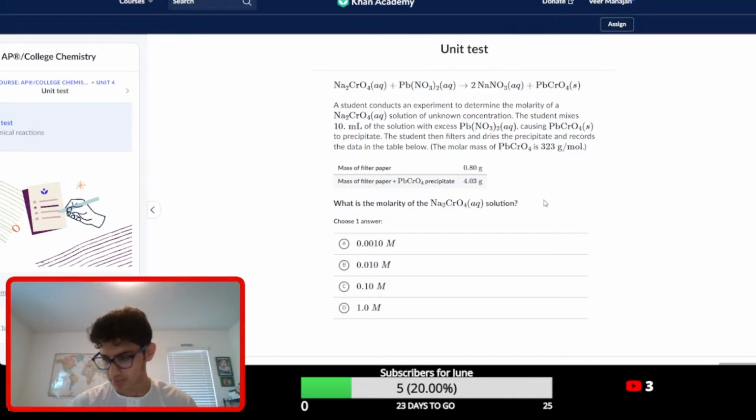I'm not sure. So we've just got the number of moles: 3.23 grams divided by 323 grams per mole gives us 1 times 10 to the negative 2 moles. And then we divide that by 10 milliliters. 10 milliliters is just 1 times 10 to the negative 2 liters. So we just get 1. That should be our answer here.